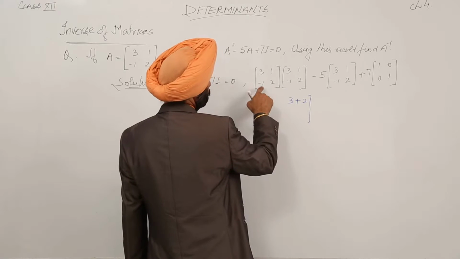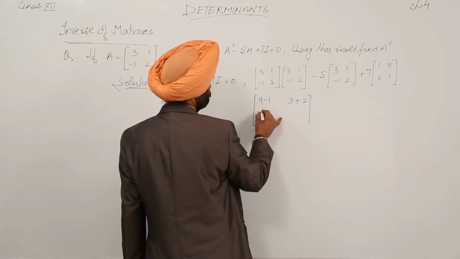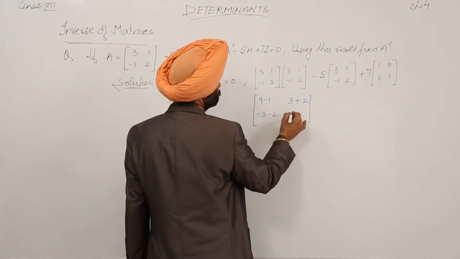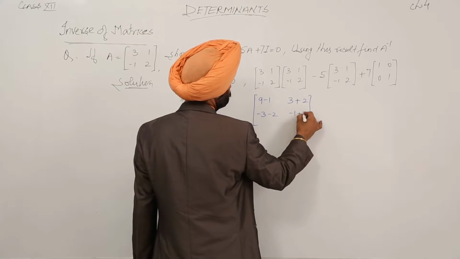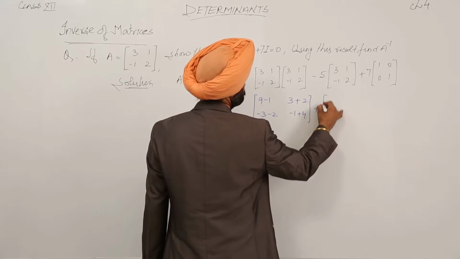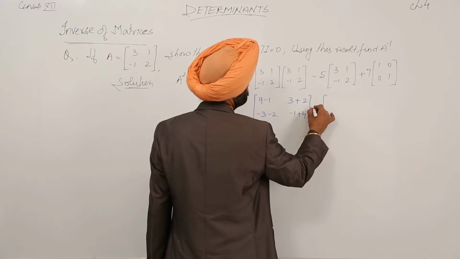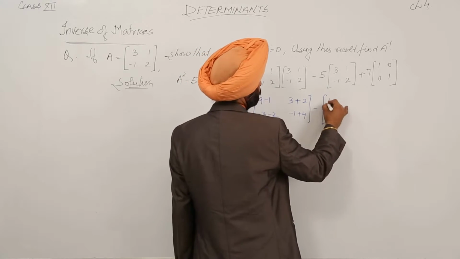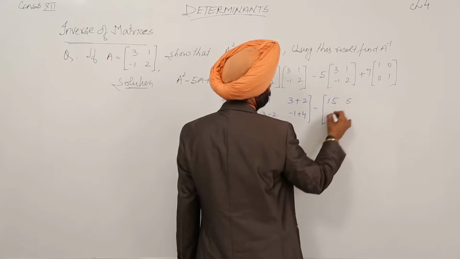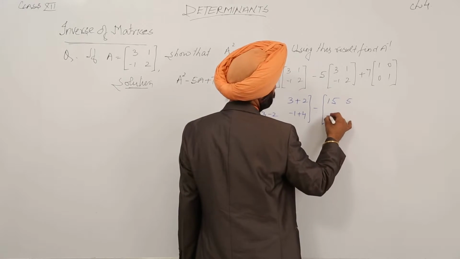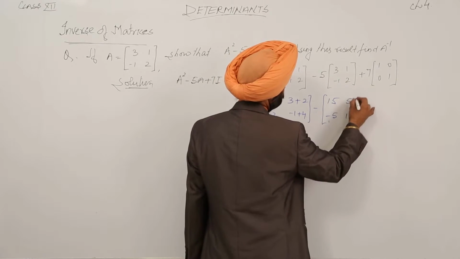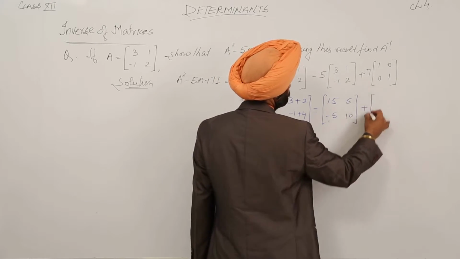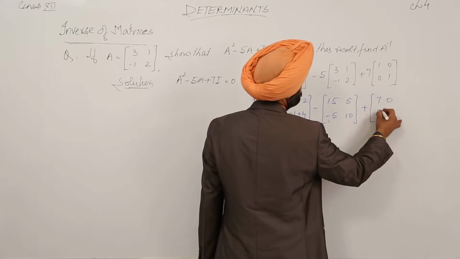Then minus 1 times 3, minus 3 minus 2 is minus 5, and minus 1 plus 4 is 3. Then minus 5 times A gives [[-15, -5], [5, -10]], and plus 7 times the identity gives [[7, 0], [0, 7]].